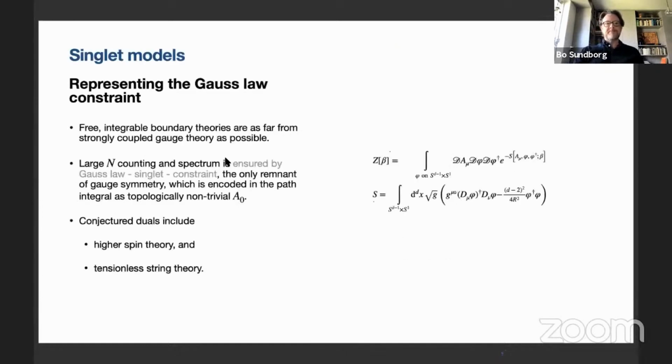All right. But we need to represent gauge invariance somehow under the singlet condition. So how do we do that?